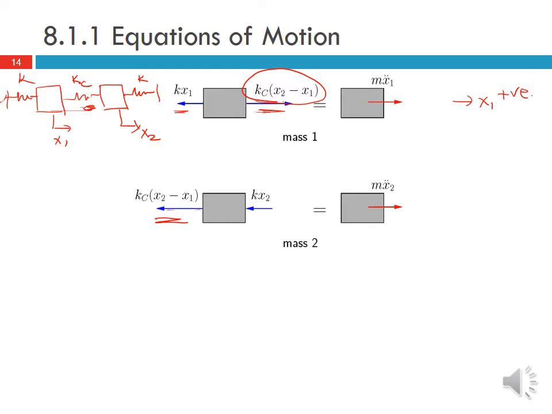So in this case, x2 is also positive to the right. So the spring over here is going to be pushing it back to the left with the force k x2, and then we've got this force in our spring connecting the two of them, which again is equal and opposite on the two free body diagrams.